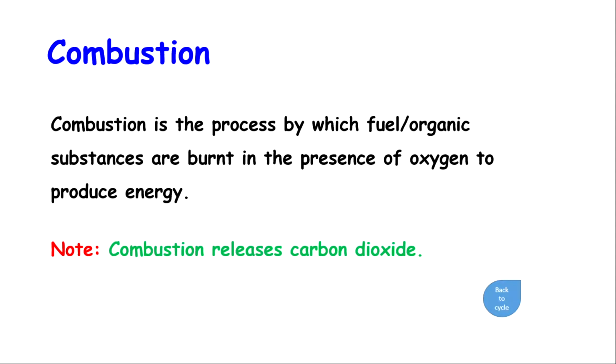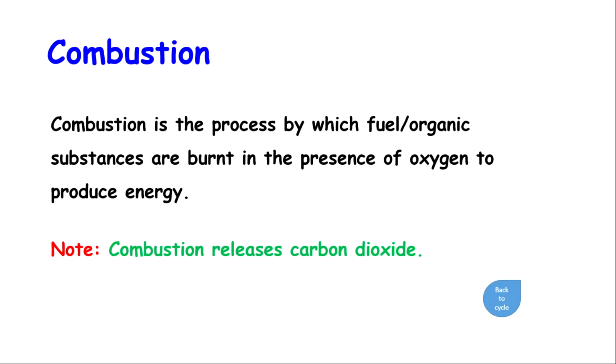Now the danger in this, folks, is that the more carbon dioxide you produce, which is a greenhouse gas, it will trap the radiation from the sun, which is heat, and that heat will make the Earth's surface much warmer. The warmer the Earth becomes, it can lead to other dangers, such as flooding, because when ice caps melt, it can lead to flooding.